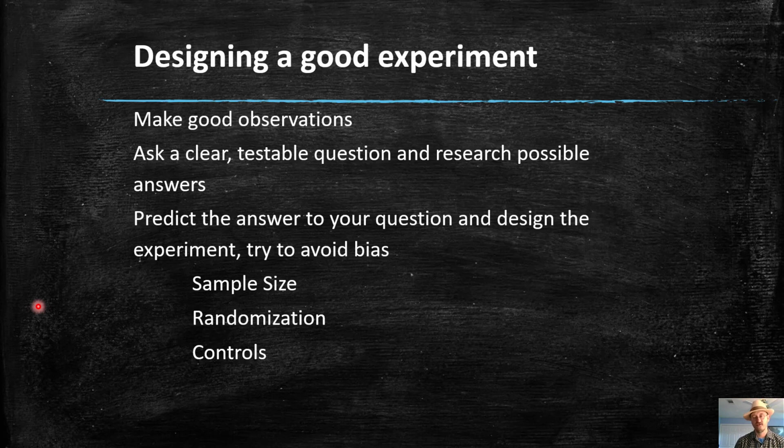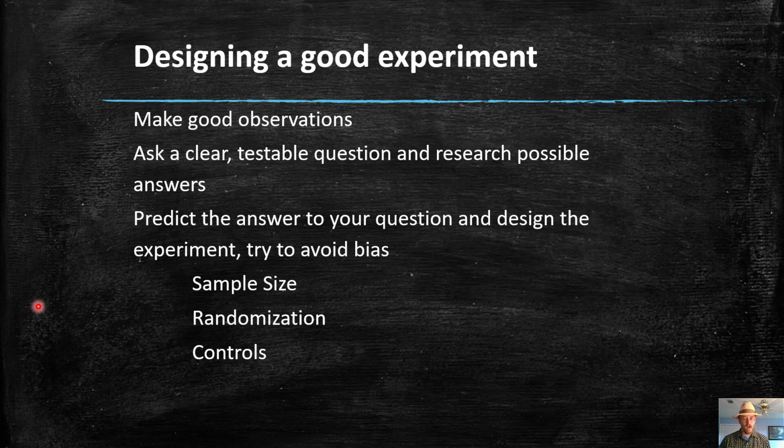And we also have to have controls. Now, maybe there's not a good example of a control for measuring height, because that's not really an experiment more than it is just measuring. But if we were jogging, let's say, and we wanted to find out how jogging and weight loss were related, we would get a random selection of a bunch of people. So randomized, different male, female, etc., different people from different backgrounds.